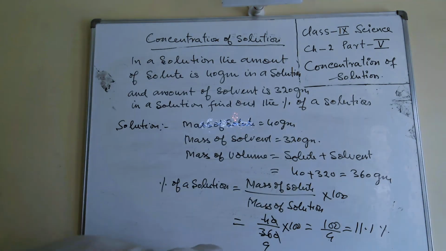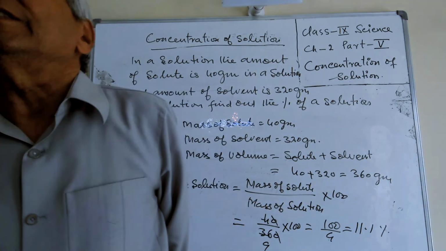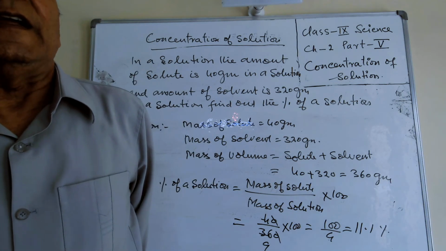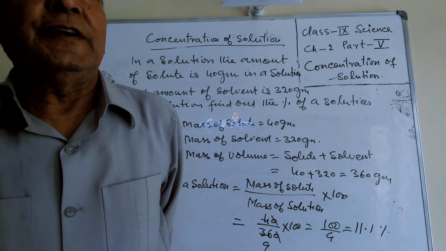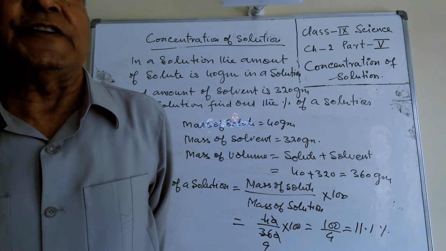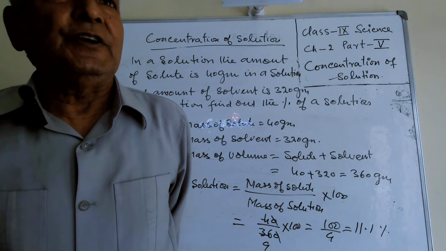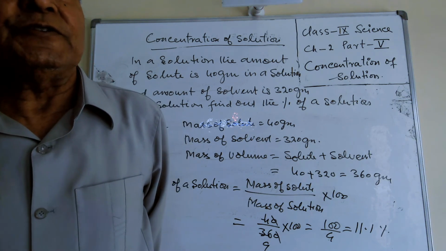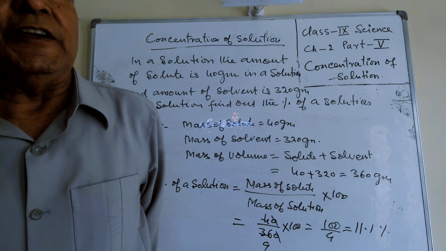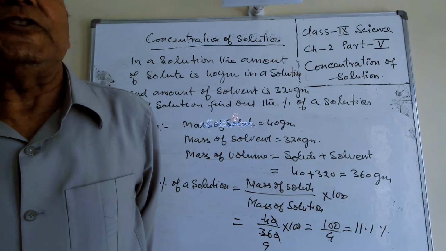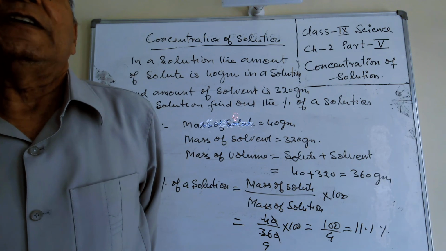My dear students, I think the definition of concentration is clear, and there are two types of solution in respect of concentration: unsaturated, in which solute can be dissolved in more quantity; saturated solution, in which solute cannot be dissolved.